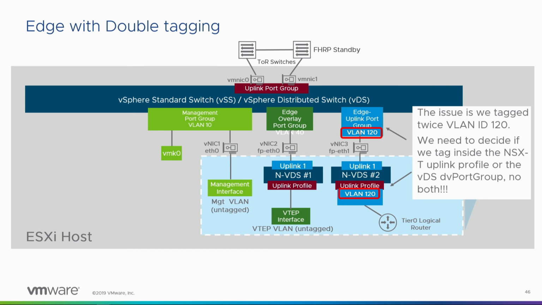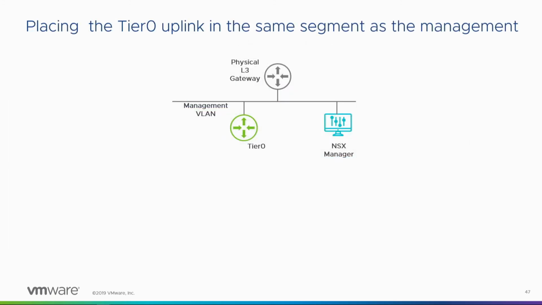Another issue that I see a lot of the time in POCs is that people try to do shortcuts. What is the shortcut? They don't have many VLANs for the POC, so they try to install NSX with one or two VLANs. What you see is the management VLAN, and they put the tier 0 and connect the tier 0 on the management VLAN.